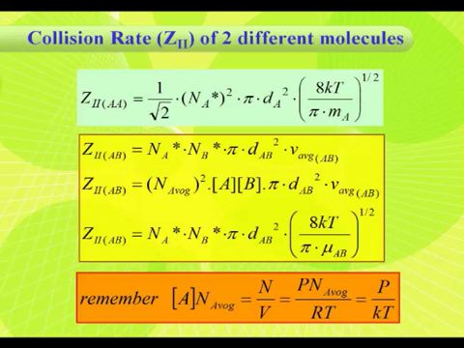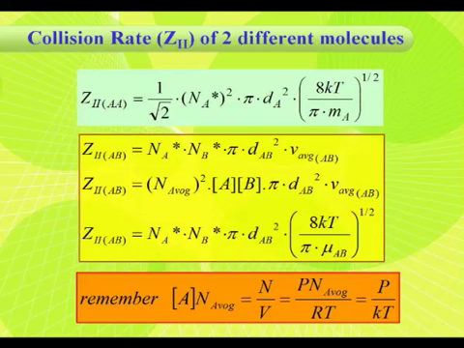Again, remember that N per V is equal to the molarity times the Avogadro number, as we saw earlier.